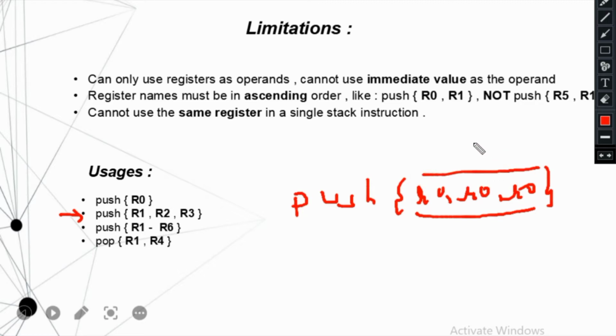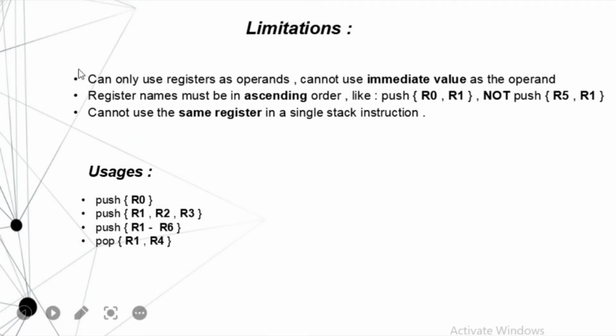The assembler will yell out an error because you cannot use the same register again and again in a single stack instruction. What you can do is move the same value into multiple registers like R0, R1 and R2, then push R0, R1 and R2. That would be valid. So don't try to do these 3 things because they are invalid.